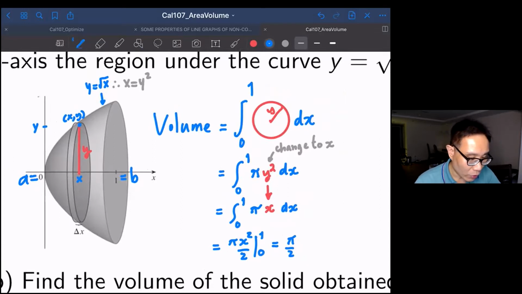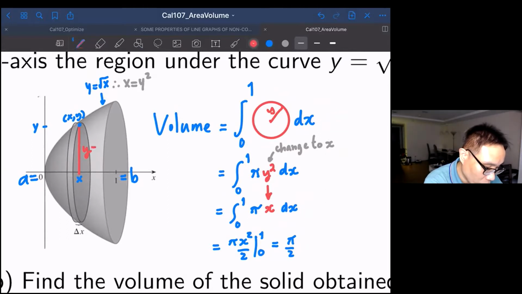Let me also emphasize that you have y equal to root x. Sometimes you may ask, why don't you just write root x? That's fine also. Some of you may ask, can we use pi times root x squared?